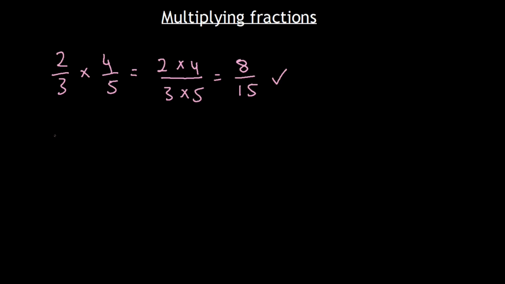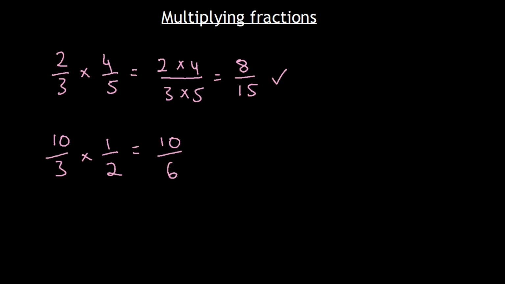So let's have a look at another example. Say we had something like 10 over 3 times a half. Now 10 times 1 is 10, 3 times 2 is 6. Now can I simplify that, or what does this actually mean, 10 over 6? What it means is 10 divided by 6.